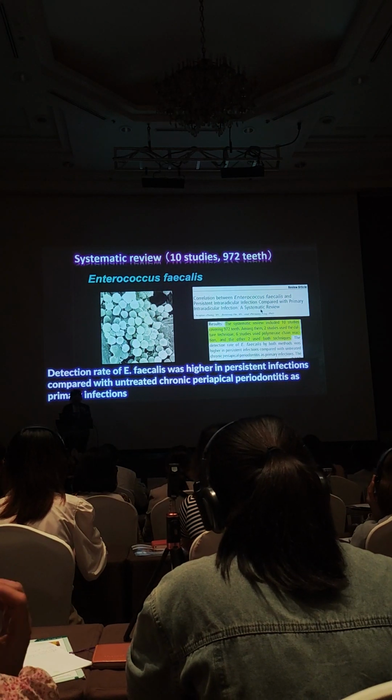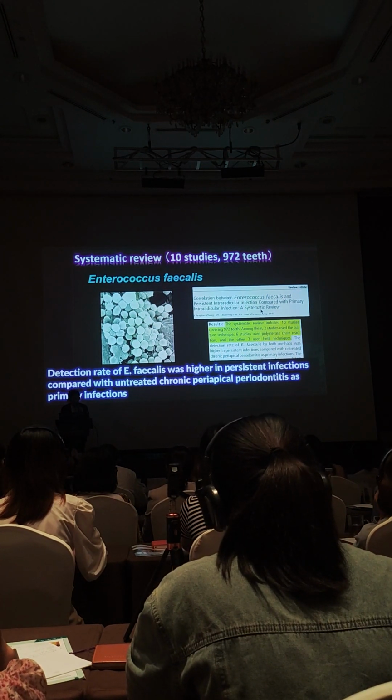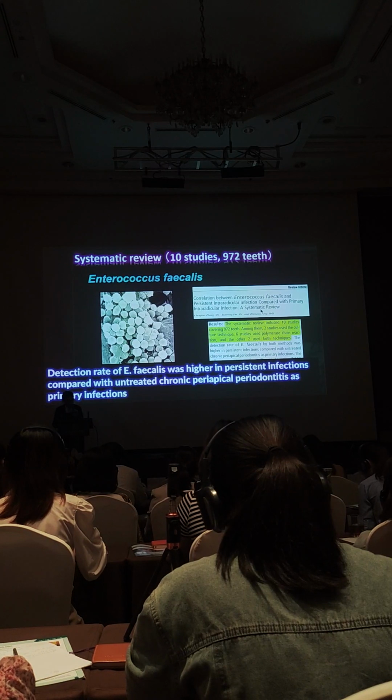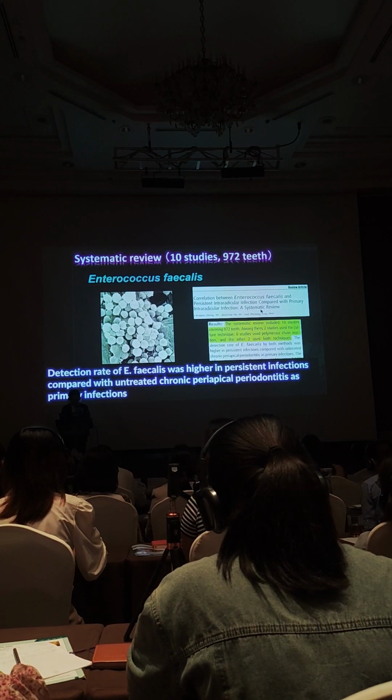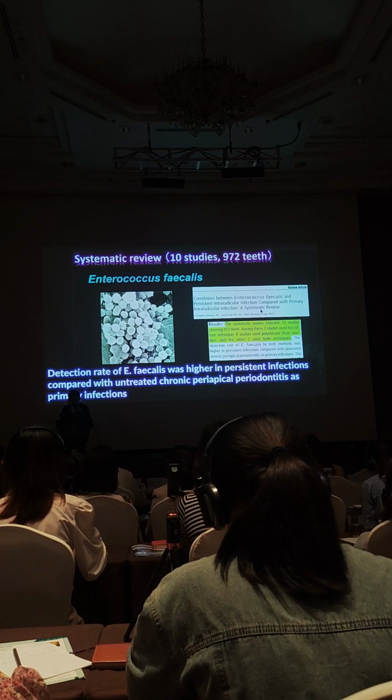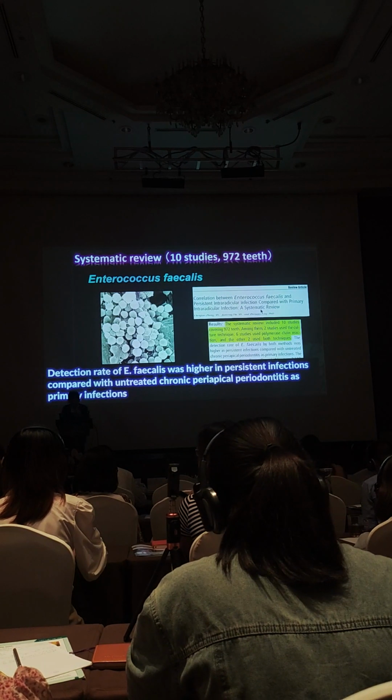So obviously, E. faecalis are responsible for biofilm formation and also failed endodontically treated cases. So detection rate of E. faecalis was higher in persistent infections compared with untreated chronic periapical periodontitis as primary infections.